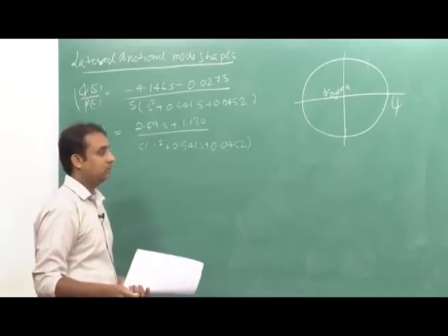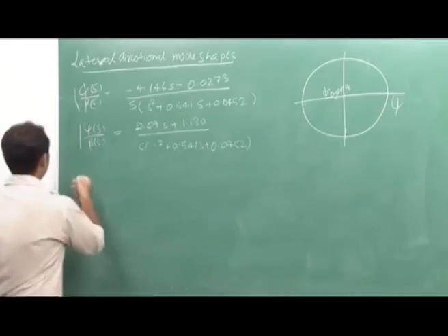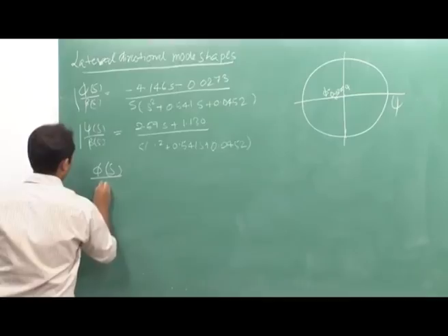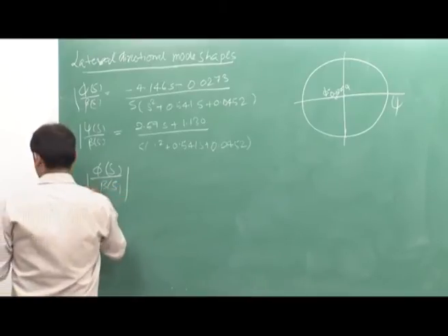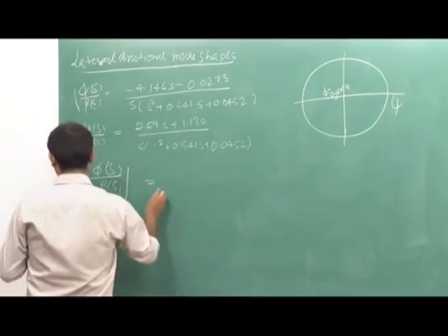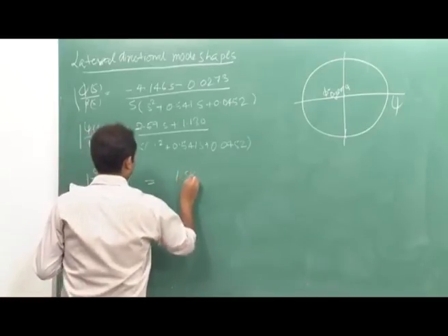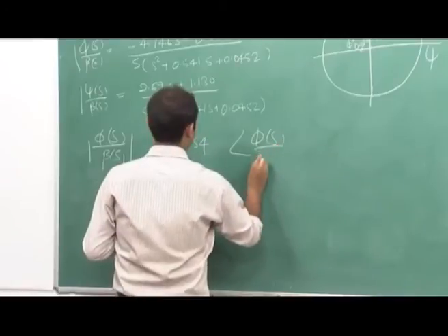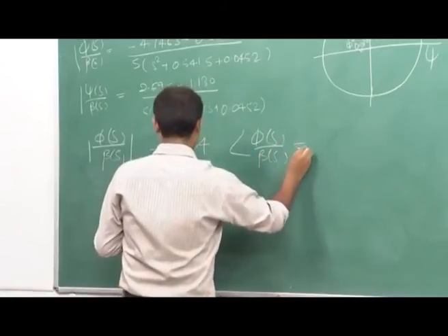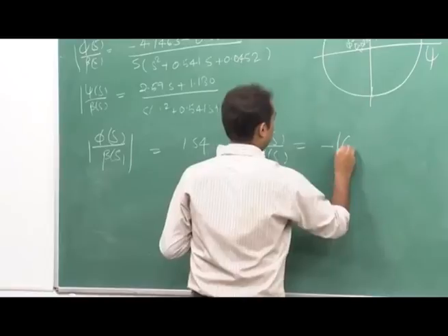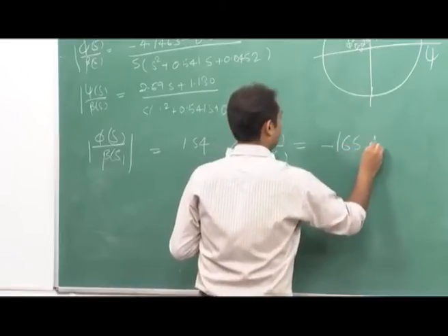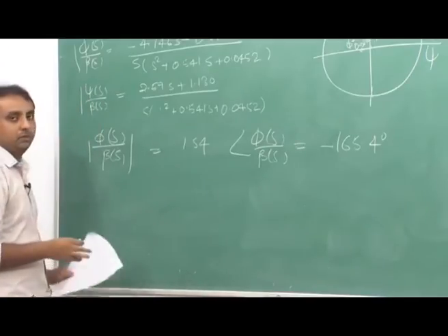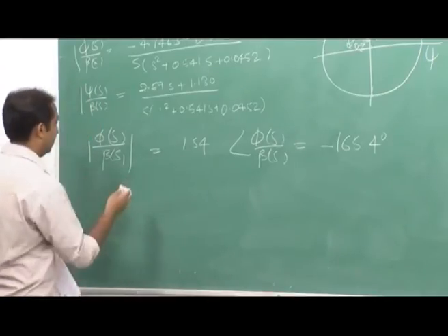Substituting the value of Dutch roll in these ratios, you will get magnitude of phi(s) upon beta(s) as 1.54 with angle of phi upon beta(s) as -165.4 degree. So there will be a magnitude and a phase angle because these are complex roots.